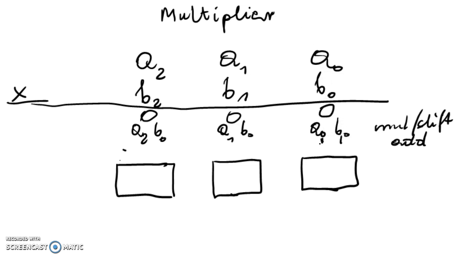Simply by putting a gate here, and then you must add this product with the earlier result. The previous result was 0.